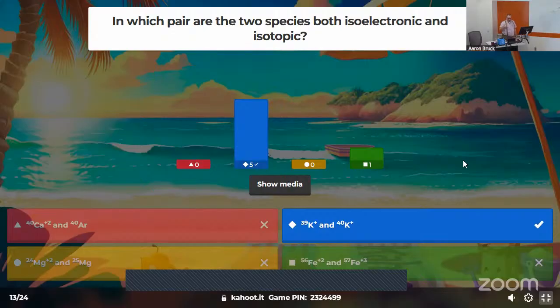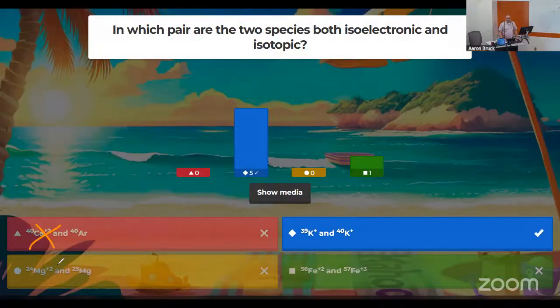Okay, so first and foremost, I would look at the term isotopic. Isotopic means I've got to have the same element. Right away, we can eliminate that first option because we've got two different elements there, so it can't be isotopic.